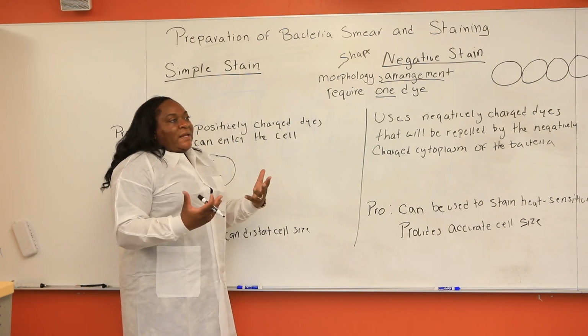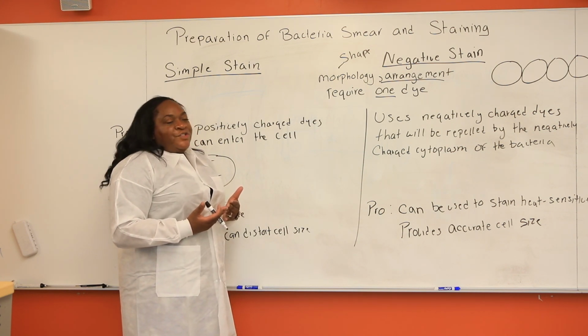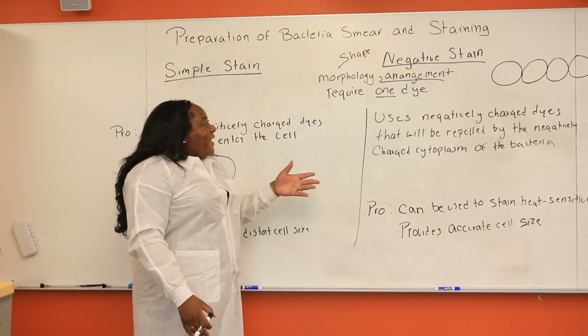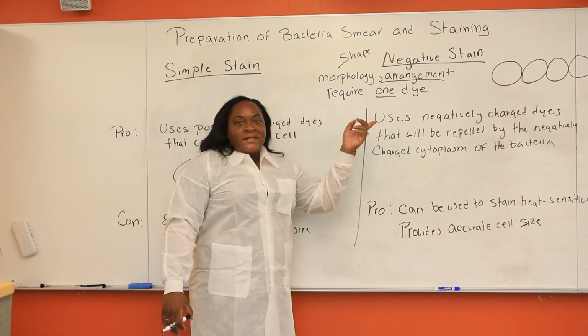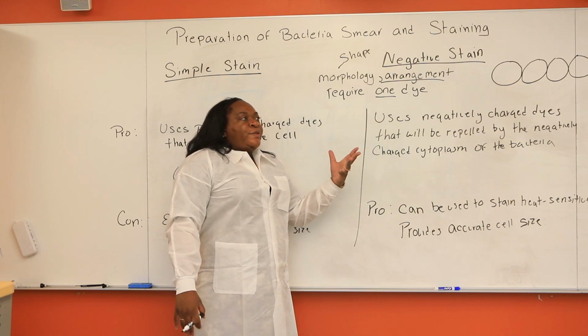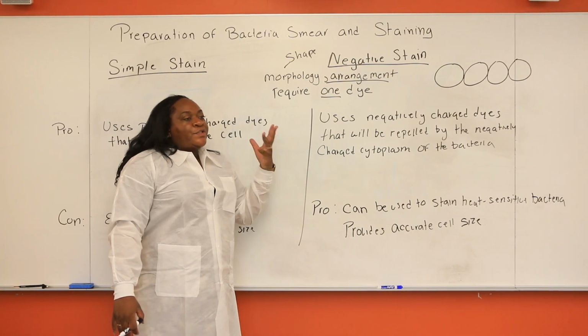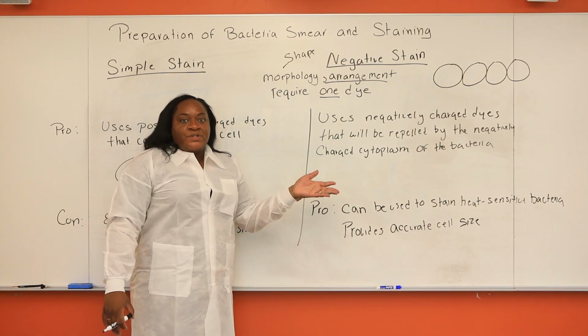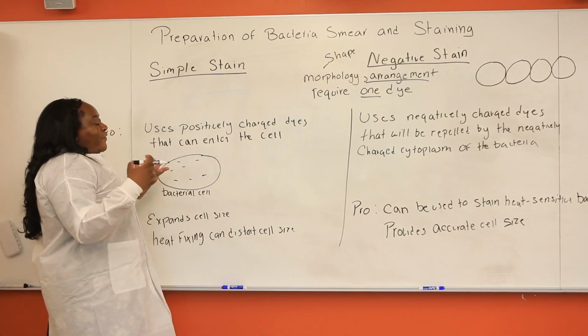Well, both allow you to view the morphology and arrangement, okay? And something else, that's why it's so simple, is that it only requires one dye. The Gram stain is a differential stain, so it requires two or more dyes to distinguish between cell types. Okay, so that is what makes both of them similar.